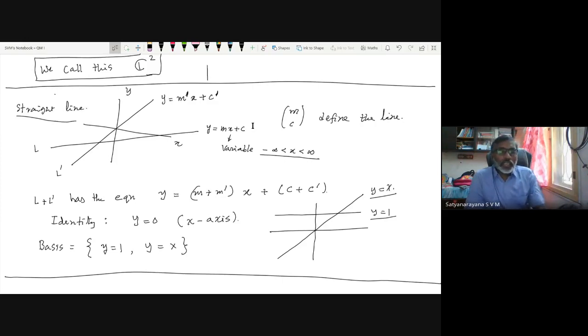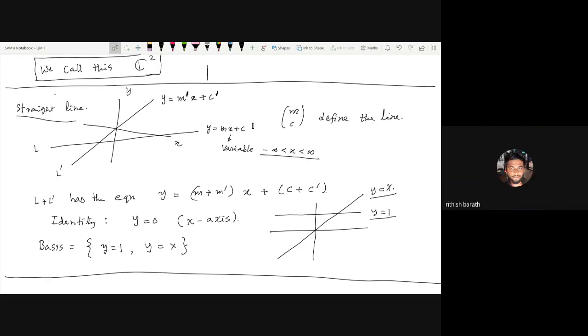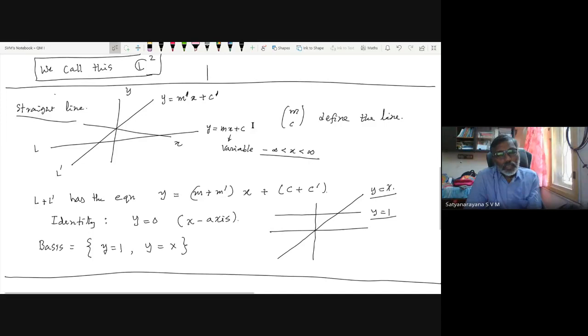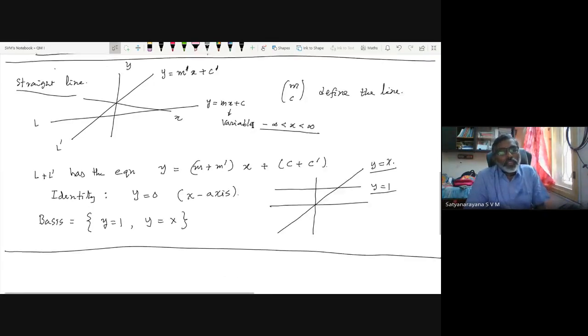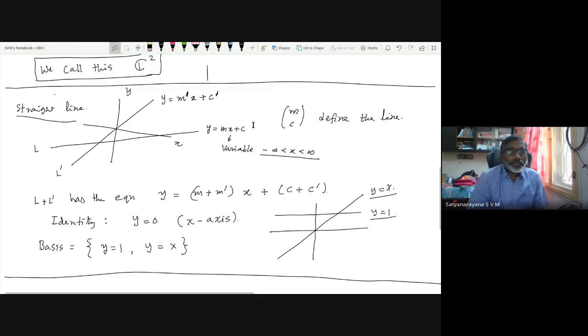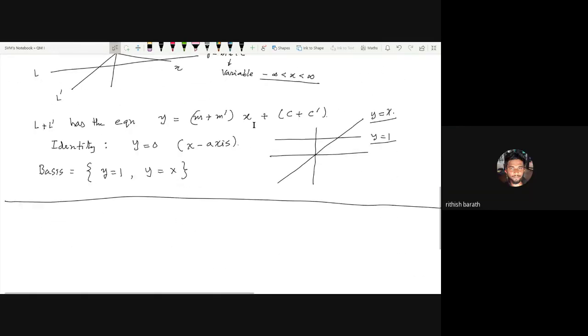It's like changing the independent variable, right? Then I think the changing of identity is okay. Similarly, the basis will also change. That's okay. It's only the description that is changing. So it will remain the same vector space.